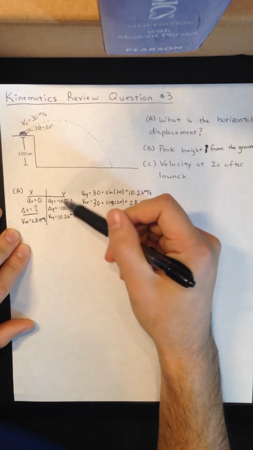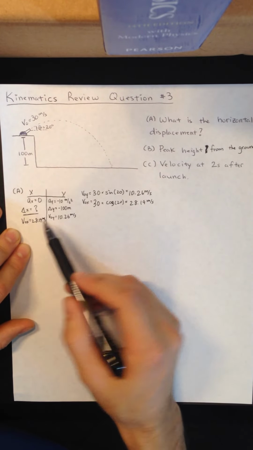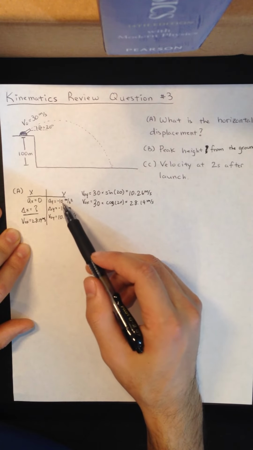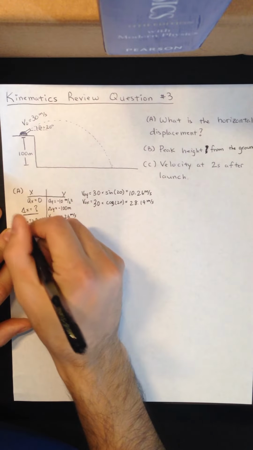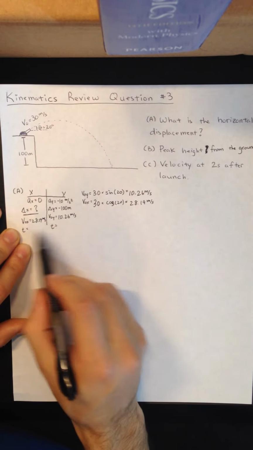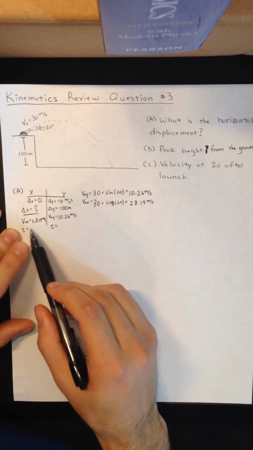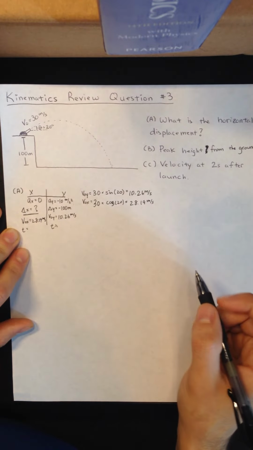Now we're looking for the displacement in X, but we only have 2 pieces of information there. We have 3 pieces of information over here, so we can find other variables. What's important to know is time is the same for both equations. This is the only thing that's going to be the same. So if we find the time here, we can also use it here, and that'll give us 3 variables to solve for change in X.